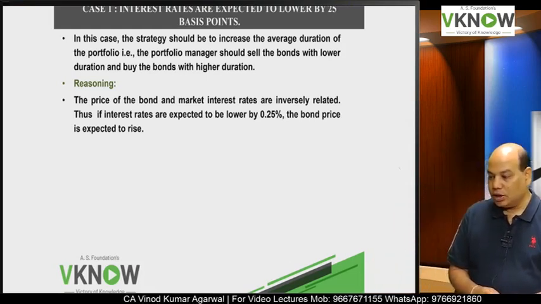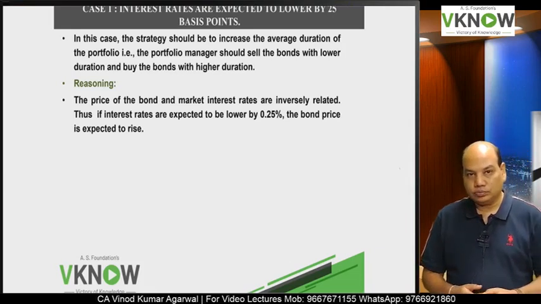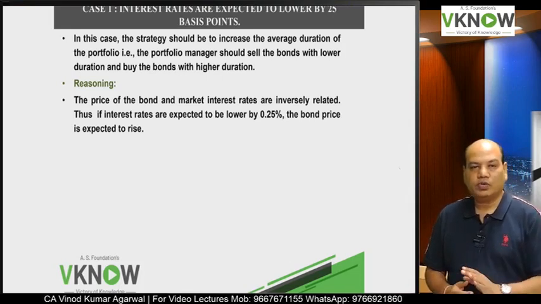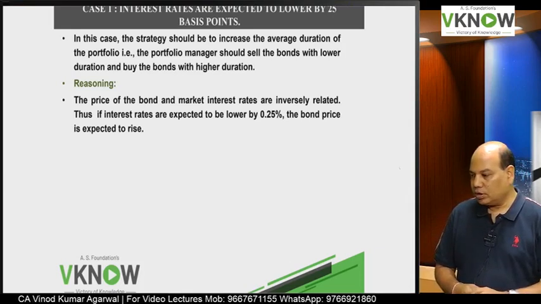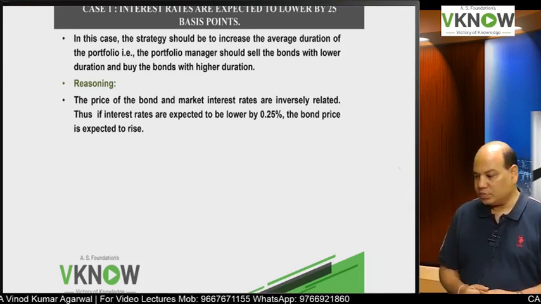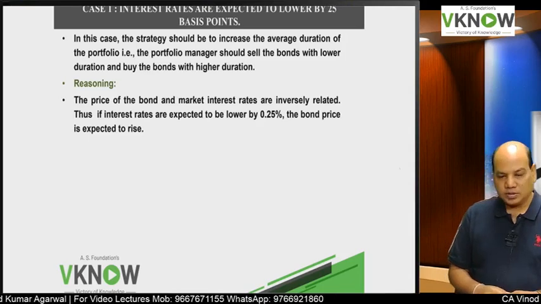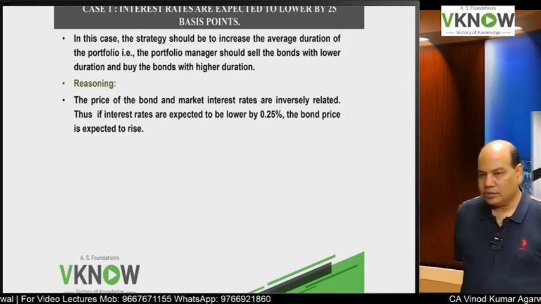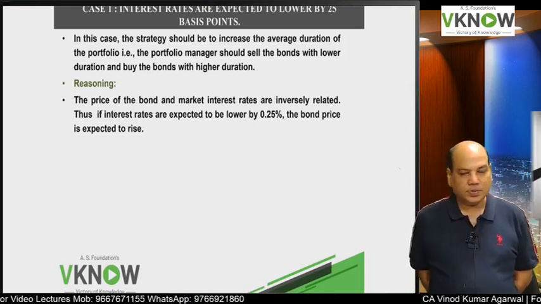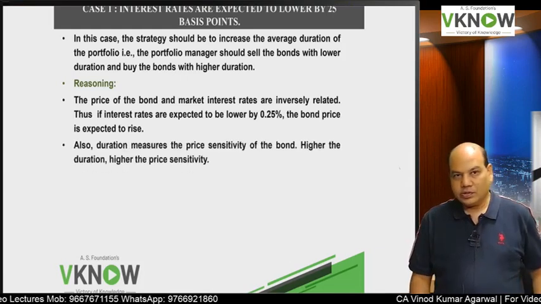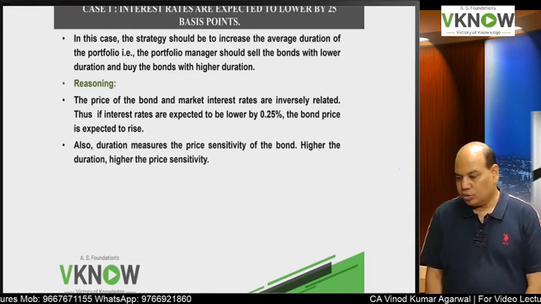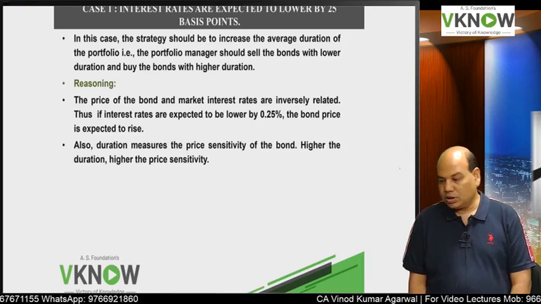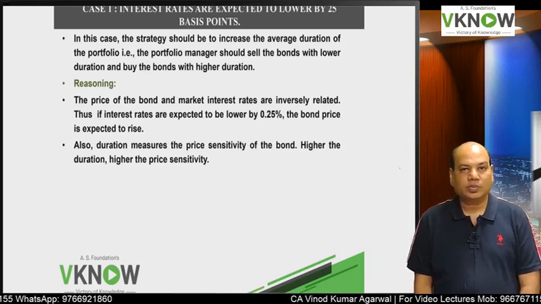Thus, if the interest rates are expected to be lower by 0.25%, the bond price is expected to rise. Next line, write down, also duration measures the price sensitivity of the bond.